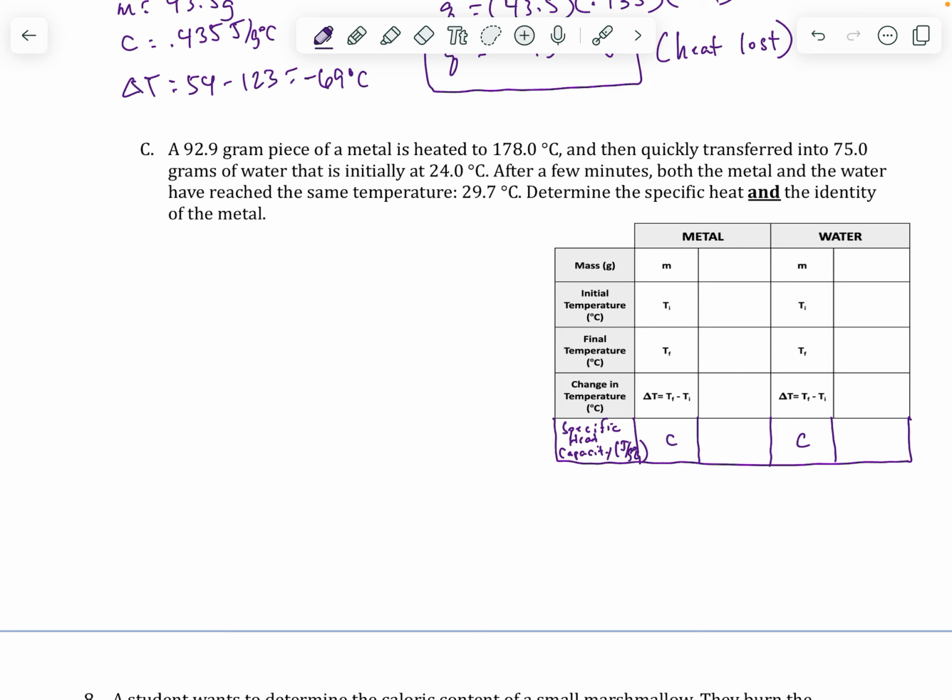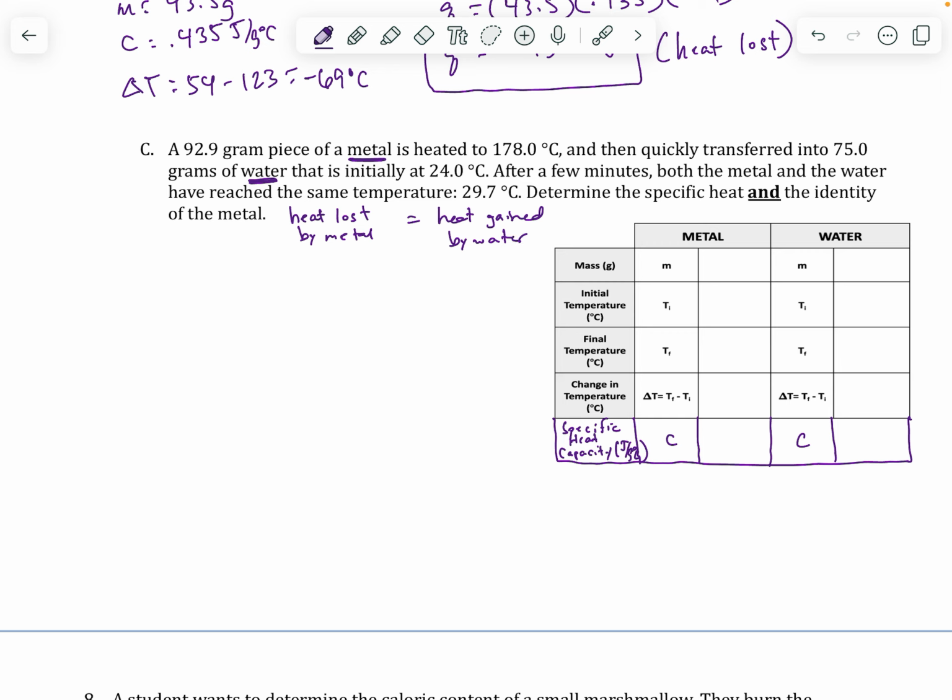What we are going through is a piece of metal being added to water. Whenever I see the metal and the water interacting with one another, I know that I have to set up a negative Q equals Q calculation, because they are interacting with each other, and I can use the law of conservation of energy to say heat lost by the metal is equal to the heat gained by the water.